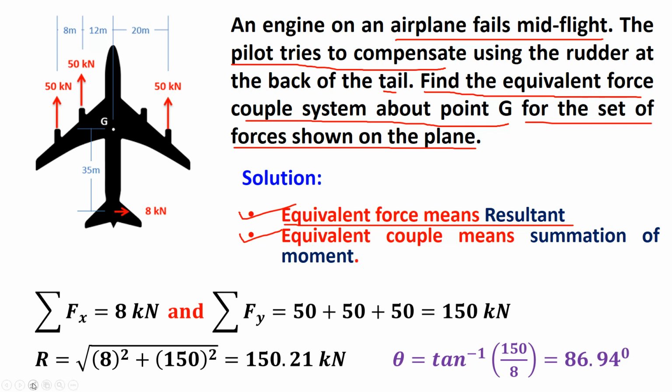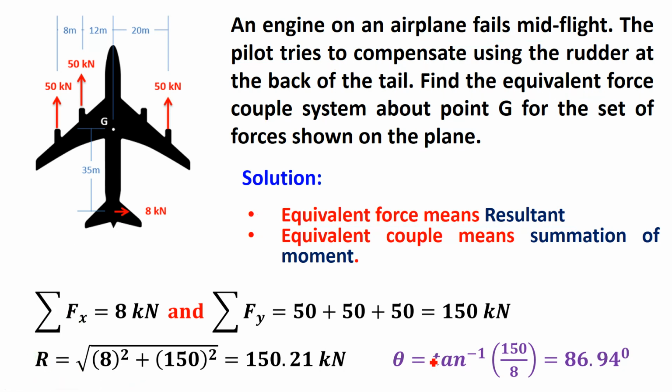So what is the resultant? Resultant is equal to the square root of summation of Fx squared plus summation of Fy squared. What is summation of Fx? Collect the forces in the x direction. In this problem there is only one force in the x direction, and since it is towards the right, it is plus, so summation of Fx equals 8 kilonewton.